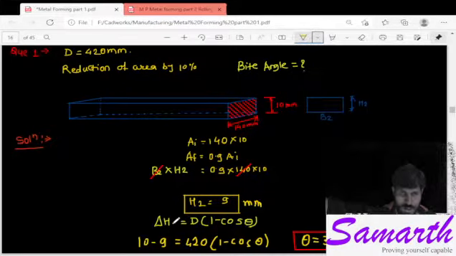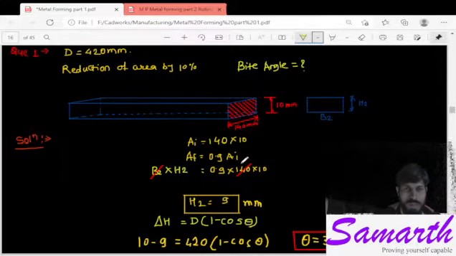Whenever possible, use this formula: delta H is equal to D into 1 minus cos theta. Another formula is there, which you should not use for now. We will derive it in the next few slides. So look here. We have the relation A_F is 0.9 times A_I. Putting the value of area, width into height, that is final width into final height and initial width into initial height, initial values are given.